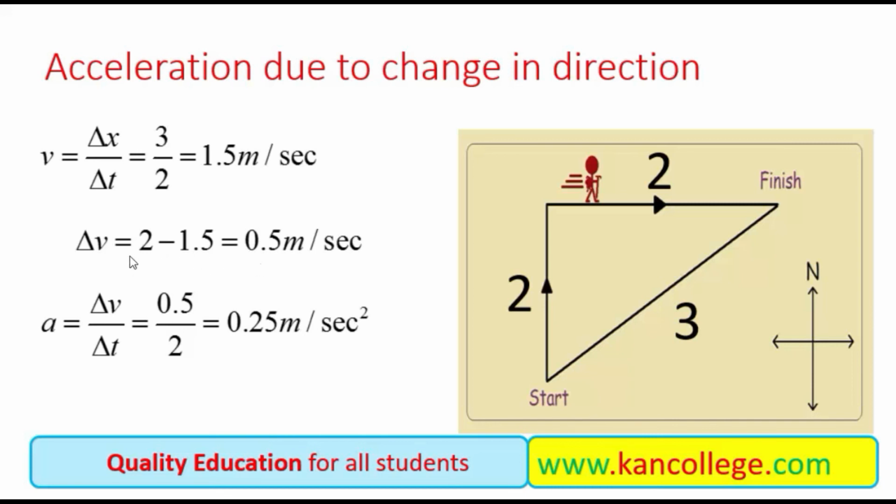So how much is the change in velocity? Actually, there is a 0.5 meter per second change in velocity. So acceleration in 2 seconds will be 0.25 meter per second squared.